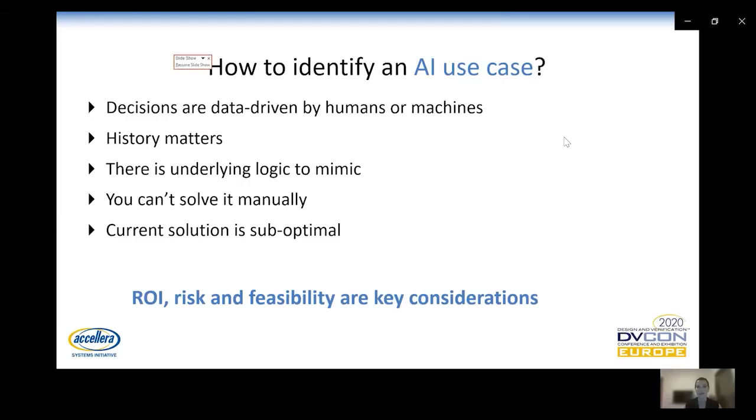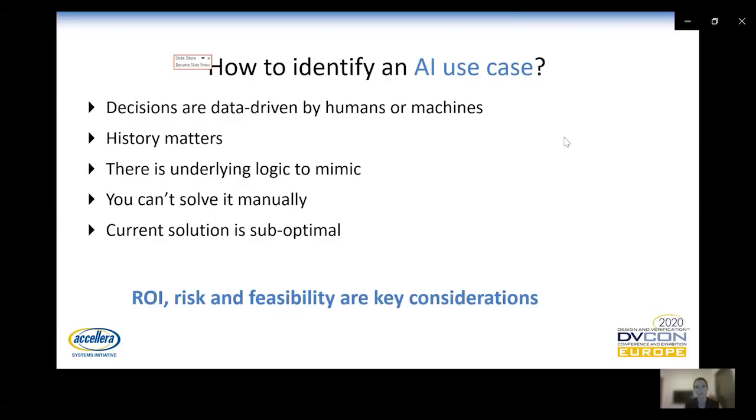The next one talks about the ROI, return on investment. If you can solve it manually, or if the current solution is a good one, it doesn't mean necessarily that you need an AI. AI is good for cases where it's infeasible to solve the problem manually or using other tools.